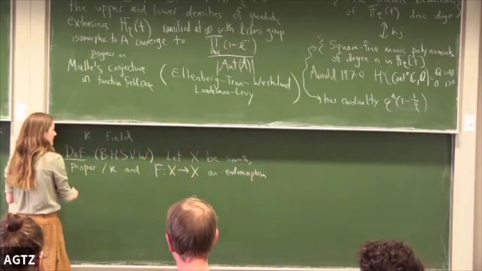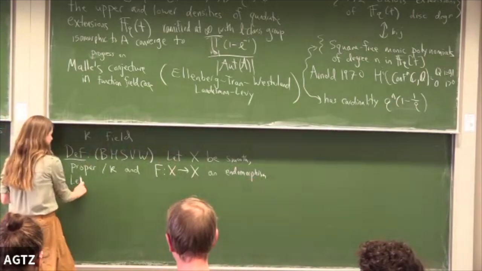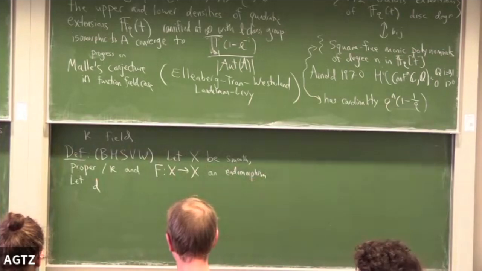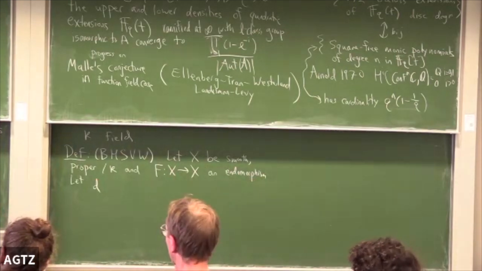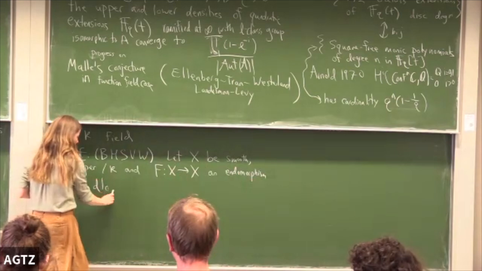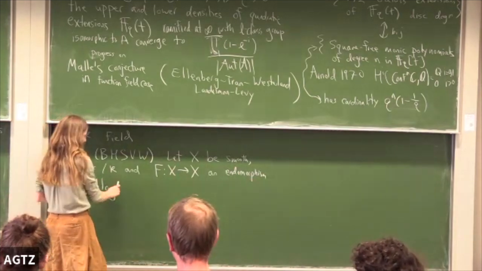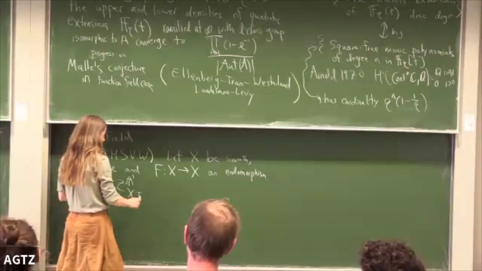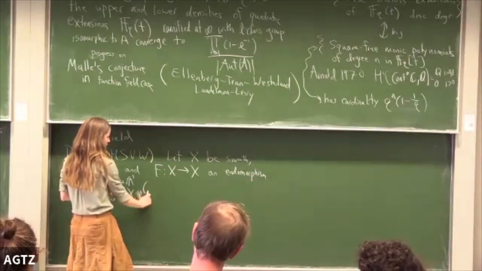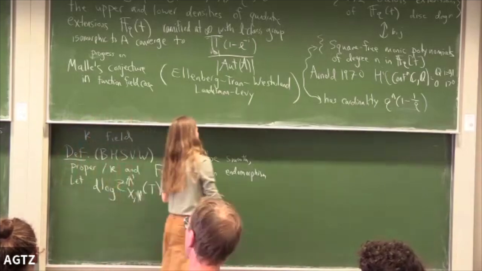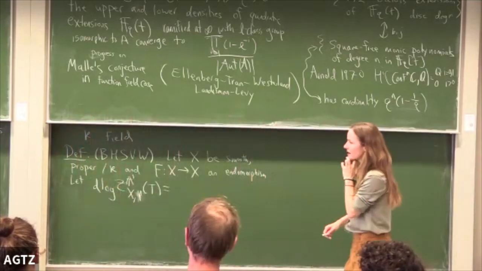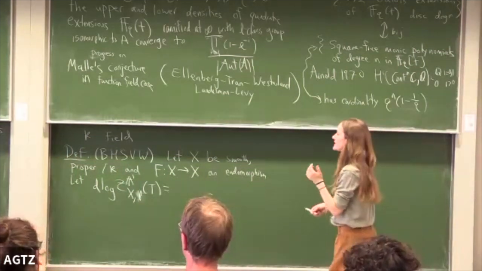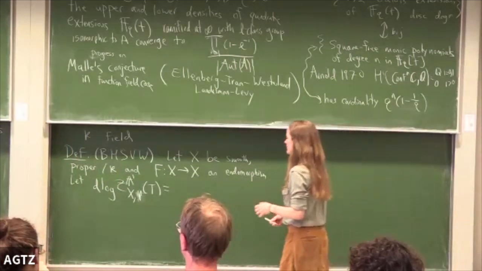Let's let d log zeta A1 of X, t be the power series where instead of taking the number of points over a finite field, we view that as a trace, but now we take the trace in the stable A1 homotopy category.